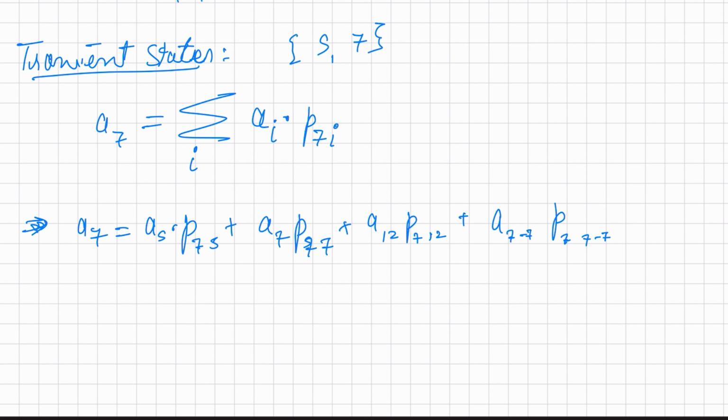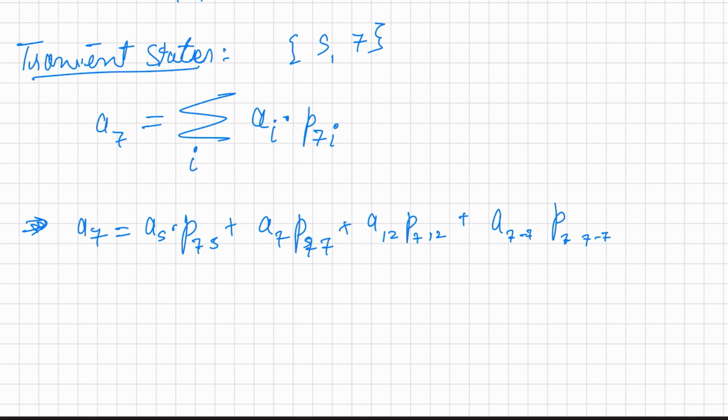Let me just quickly explain what I did. This is simply writing this expression saying from state 7 you went to state S. What is the probability you jump to state S? And then what is the probability of getting absorbed from the state S? Because we care about getting absorbed in state 12.